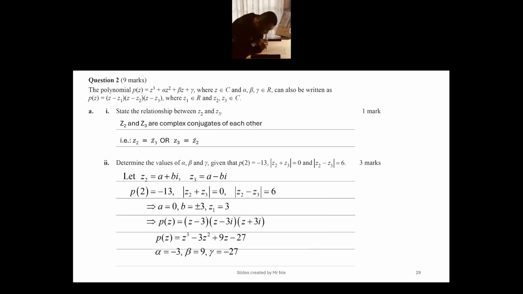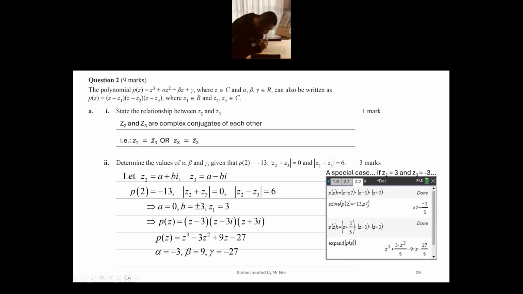Of course, there is a special case. If we do consider z1, z2, and z3, like these two, z2 and z3, they are purely real. You might find z2 and z3 can be 3 and -3.